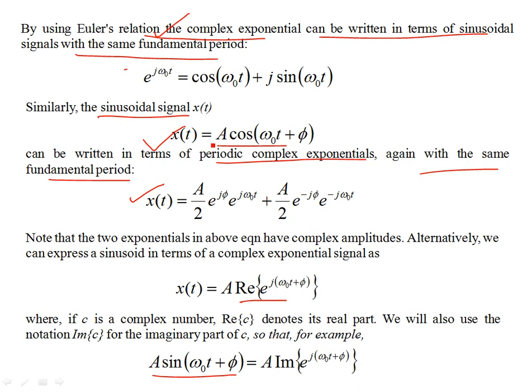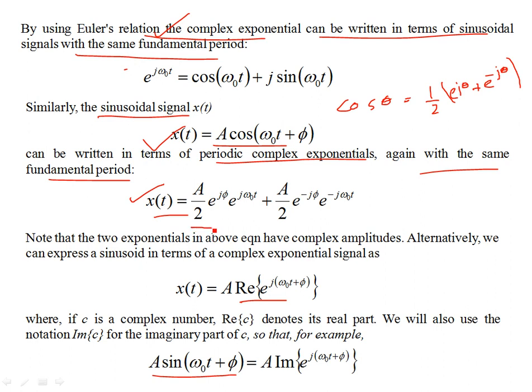For example, you can extract two sinusoids with the same period, or you can express x(t) again in terms of the polar form of the magnitudes. For example, over here, cosine theta can be expressed in terms of exponentials as half of e^(j theta) plus e^(-j theta), right? So that's what we are having over here.